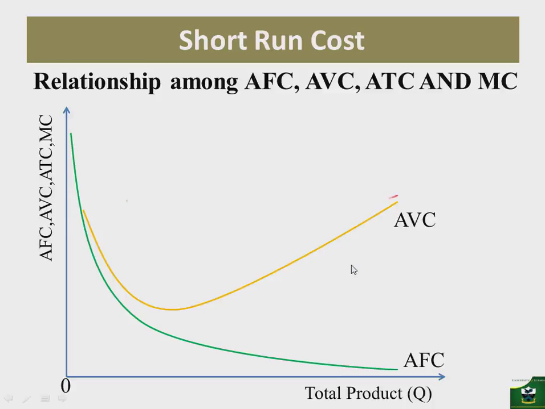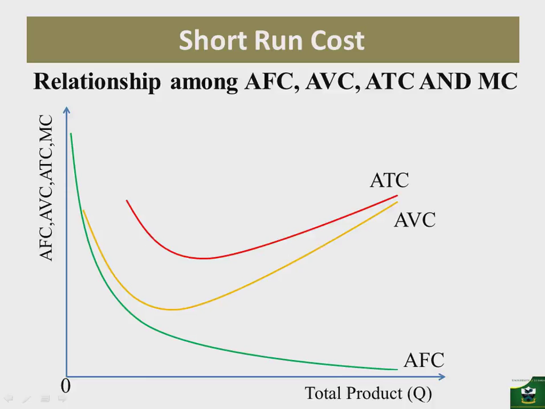Associated with the average variable cost is also the average total cost. Now, the average total cost curve is simply the curve drawn from the ratio of the total cost divided by the output. Because the total cost increases as you are increasing your variable cost, the average total cost curve will be similar to the average variable cost curve.